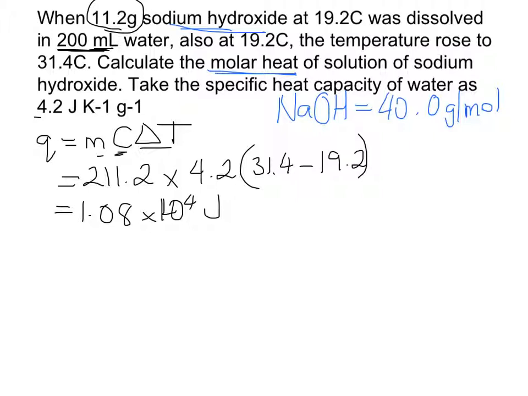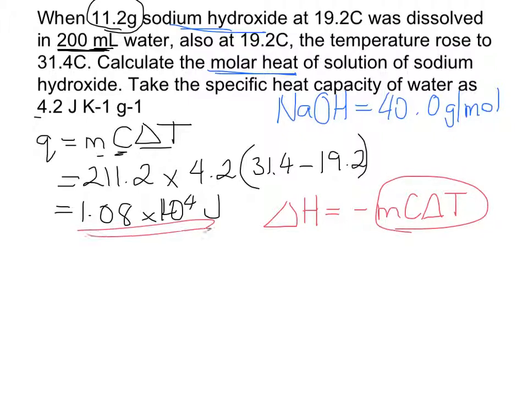Now we need to know the heat released by 1 mole. When we do our 1 mole equation, we're going to use the molar heat. Remember, it's essentially the same equation, except it's the minus mcΔT. We've actually already calculated what this is, over here. So essentially all we need to do is put a negative in front of it, but figure out what the molar equivalent would be.